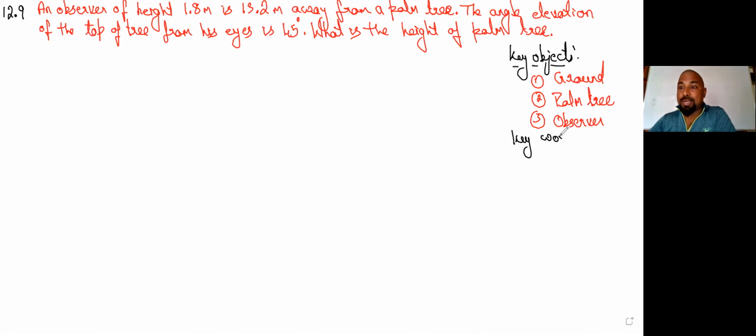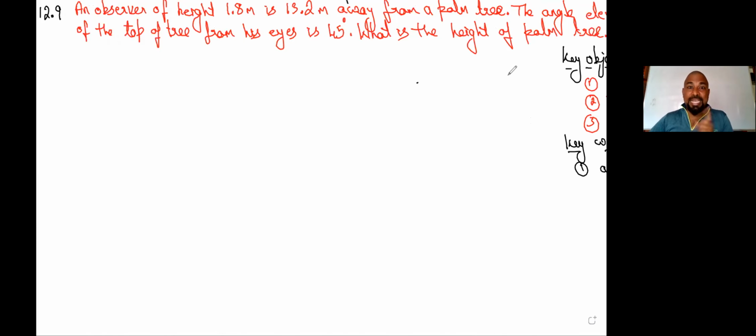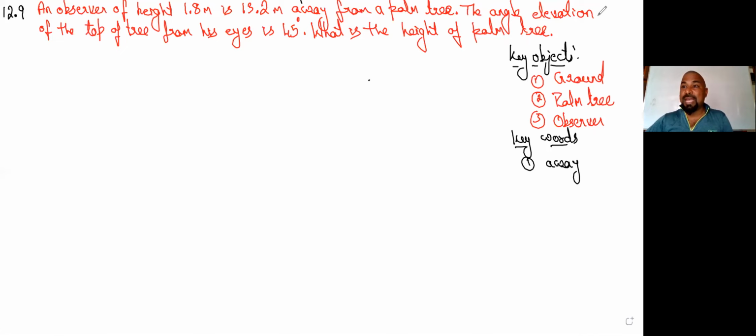Which are the keywords you have to remember? There are two keywords in this sum. The first one is away. If we are not able to understand the meaning of away, we can't do the sum. The second keyword is elevation, elevation to the top.